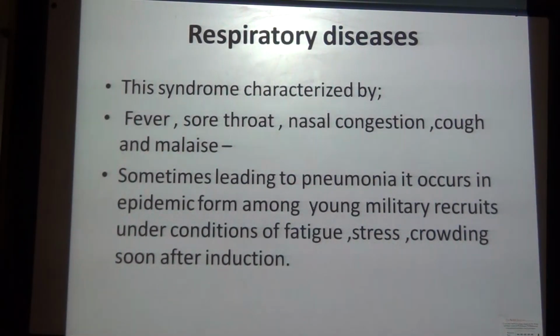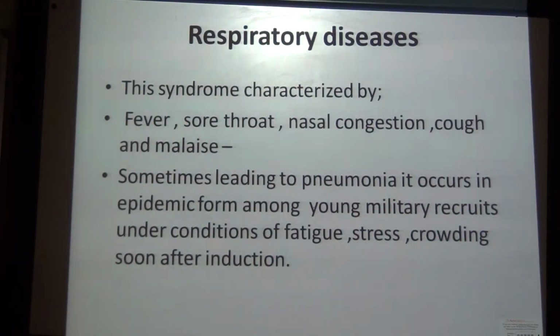And the condition sometimes leads to pneumonia, and it becomes epidemic from time to time in young military recruits under conditions of fatigue, stress and crowding soon after induction.